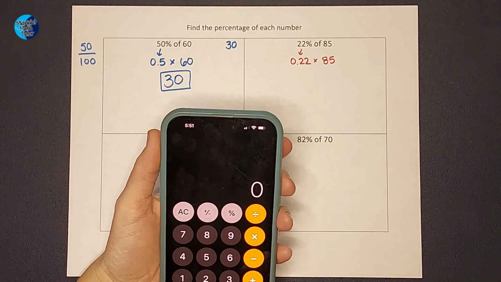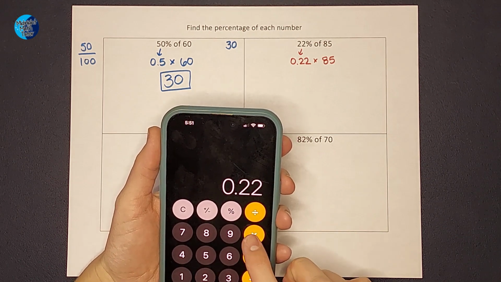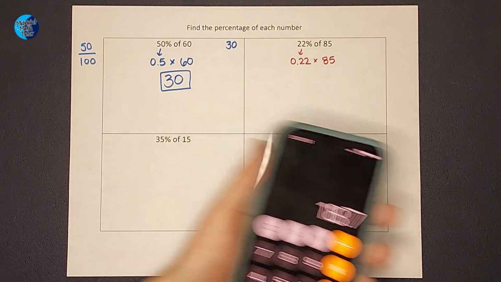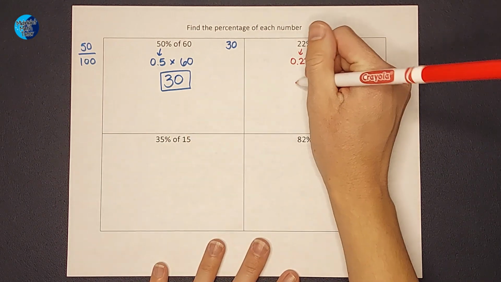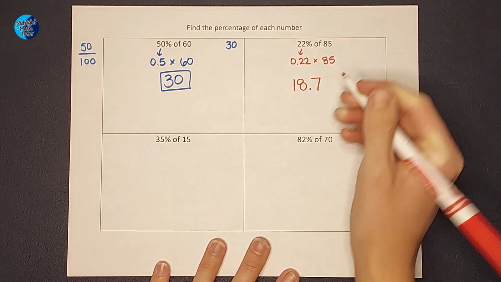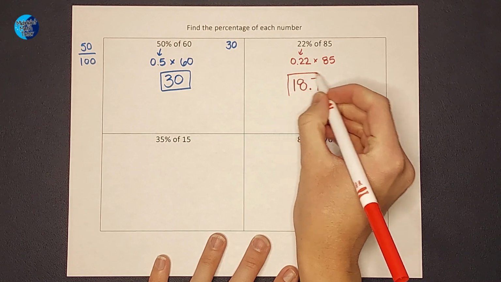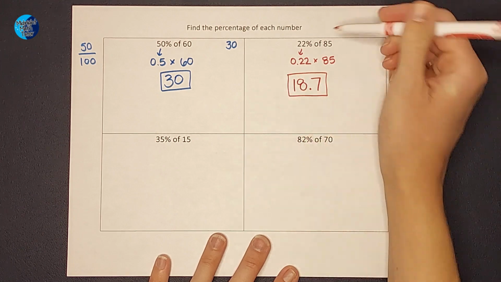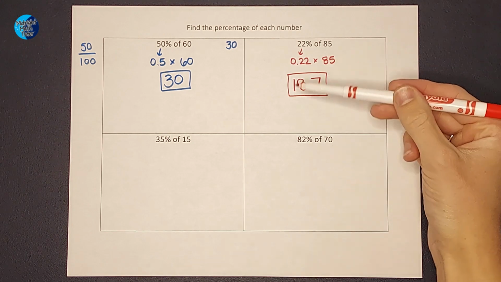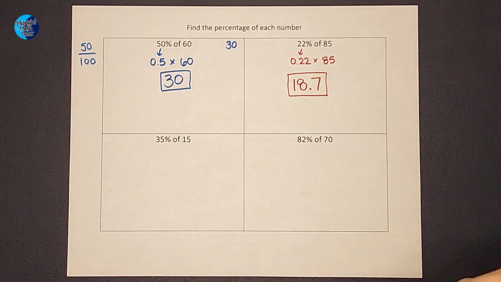So I go 0.22 times 85 and get 18.7. So one way you could think about this, if you wanted to buy something that was $85 and you had a coupon for 22% off, this is how much money you'd be saving, right? $18.70 is one way you could think of that.